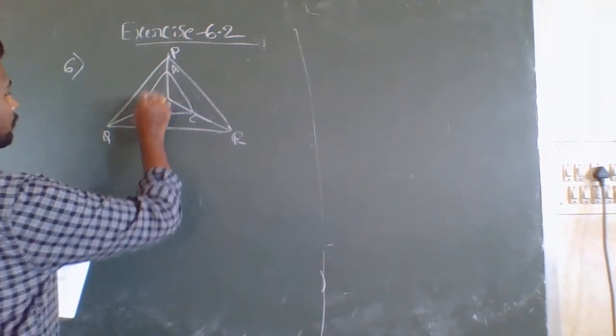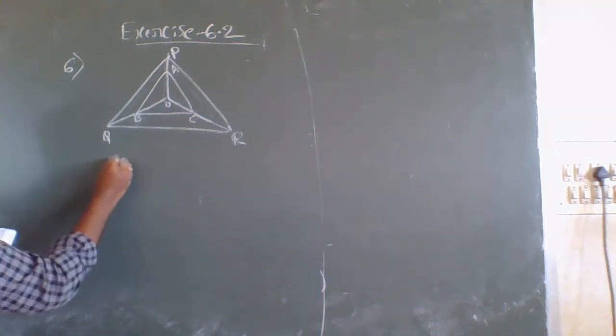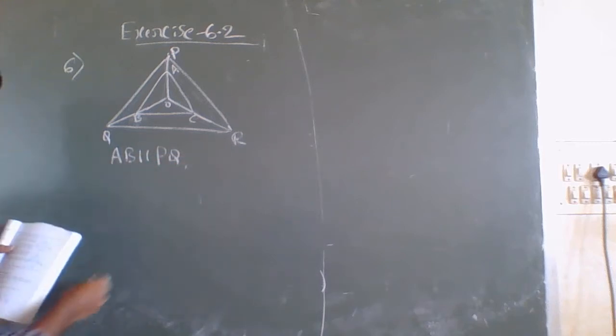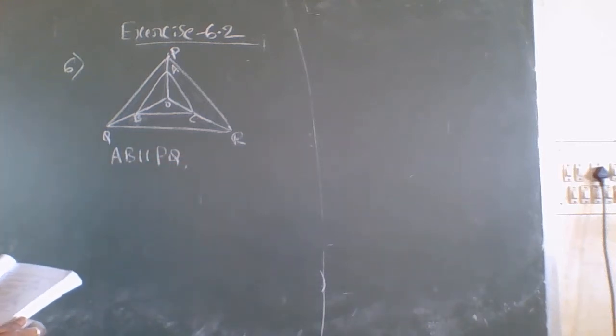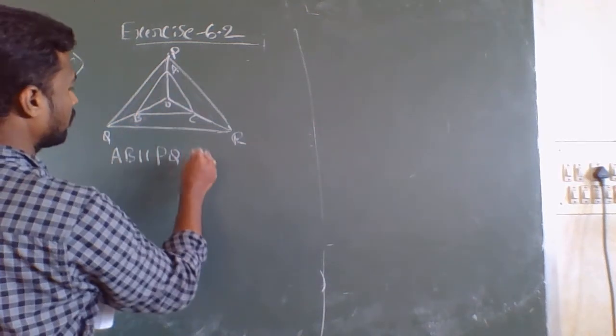Here I will write what is given. AB is parallel to PQ, AC is parallel to PR.